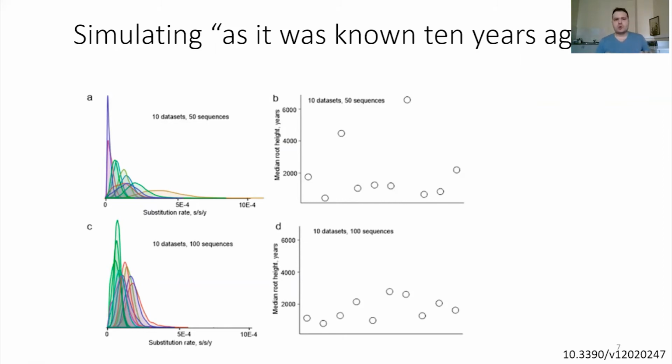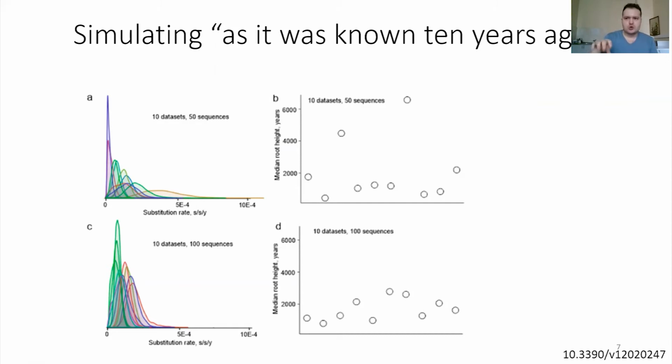At first, we tried to simulate the situation as it was known approximately 10 or 20 years ago, when there were not so many sequences. Here we estimated the substitution rate for different data sets of sequences.